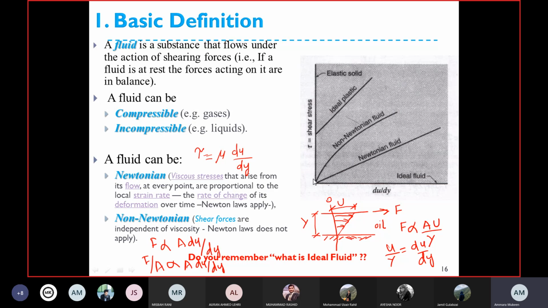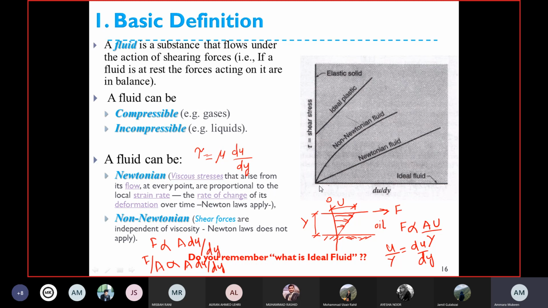So initially, when applying shear stress for the ideal plastic condition, there is no deformation, but at some threshold value of shear stress, further increasing the shear stress would cause this deformation. Okay, so that is called ideal plastic, and when there is no deformation, it means that is an elastic solid.